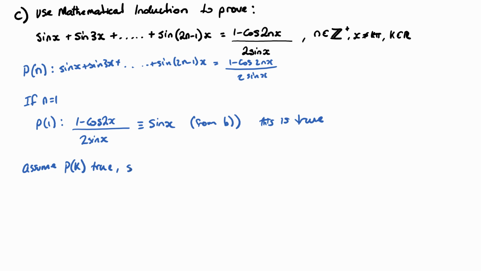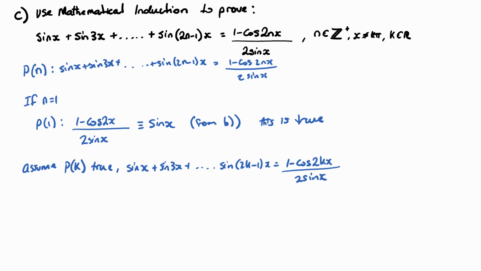Therefore what we get is sine x plus sine 3x plus all the way to sine of (2k minus 1)x, where n is now k, will equal (1 minus cos 2kx) over 2 sine x. Extremely important here: we need to use the words assume and true. The mark scheme's always pretty strict on this. It needs to have assume and needs to have true.